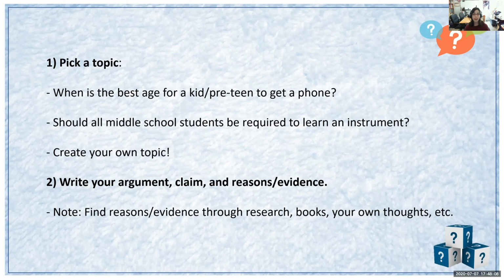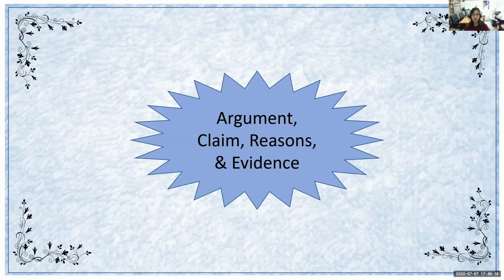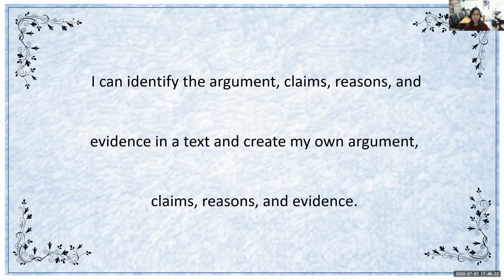Awesome job. All right, so this concludes the activity, and I would just like to recap the lesson briefly for you. So our topic was argument, claim, reasons, and evidence. And our goal for the lesson was being able to identify the argument, claims, reasons, and evidence in a text.